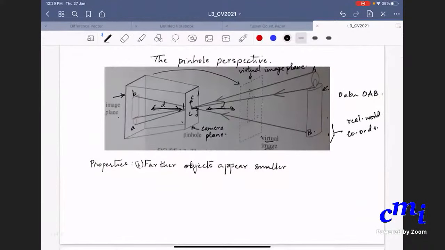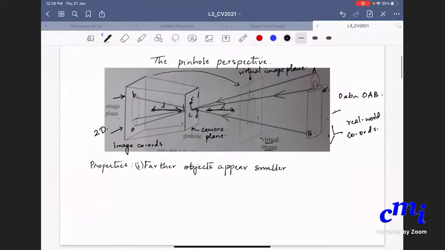For the image plane also I want image coordinates. The camera plane is 2-dimensional, and image coordinates are also 2-dimensional, so points here will be 2-dimensional. In the real world, points will be 3-dimensional.